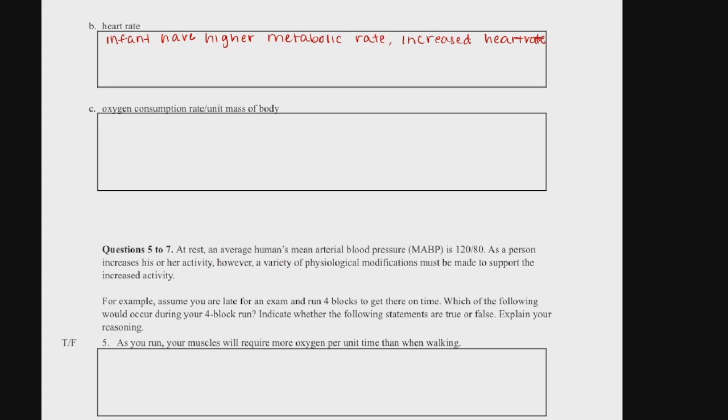C. Oxygen consumption rate per unit mass of body. So similarly to B, the infant will require a higher metabolic rate to maintain a constant body temperature. And so the oxygen consumption, with the heart rate, will be higher in the infant than the adult.